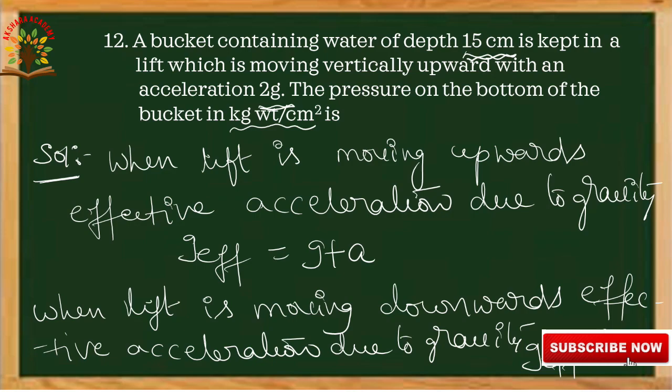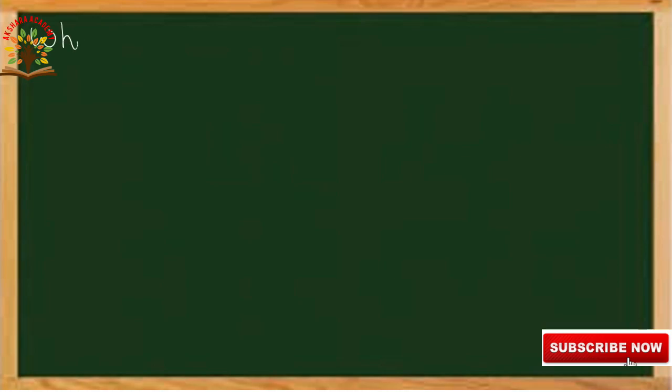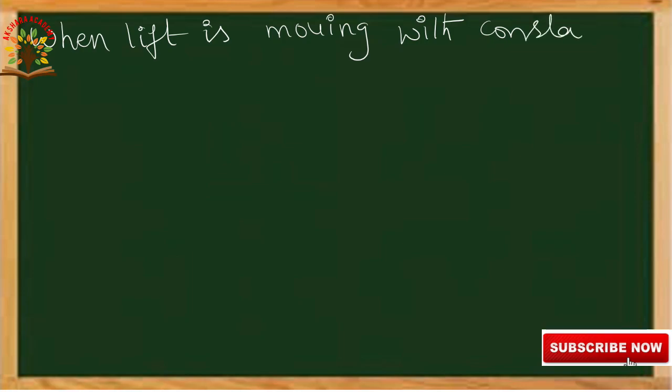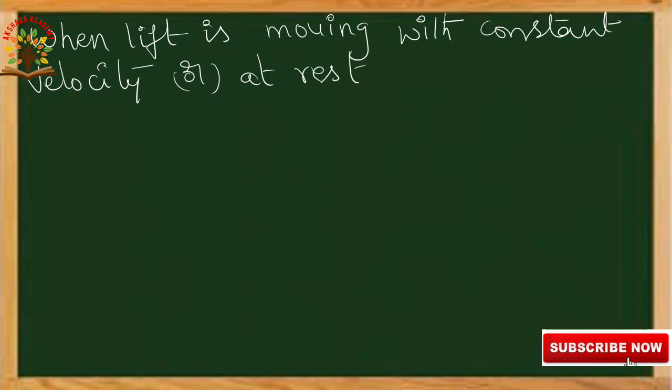When the lift is moving downwards, g effective is equal to g minus a.